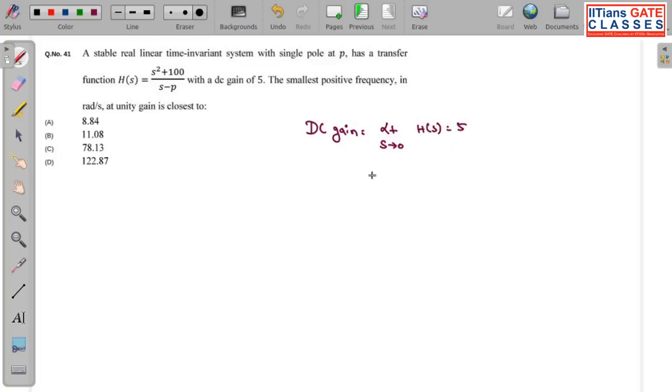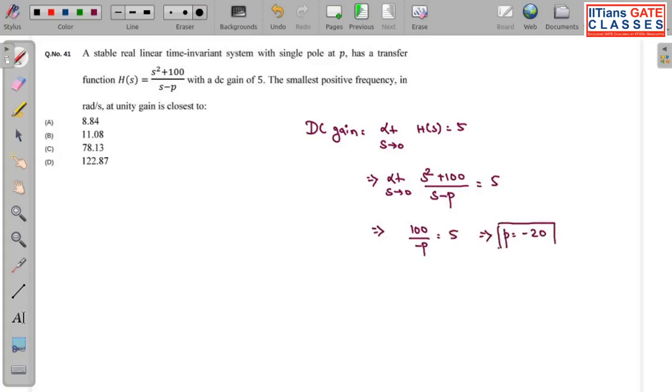So, now let me solve this. Limit s tends to 0, (s square plus 100) divided by (s minus p) is equal to 5. If I put s tends to 0, it will be 100 by minus p is equal to 5, which implies p equal to minus 20.